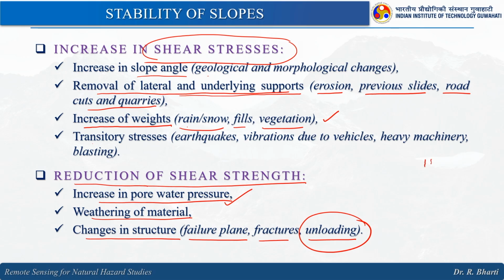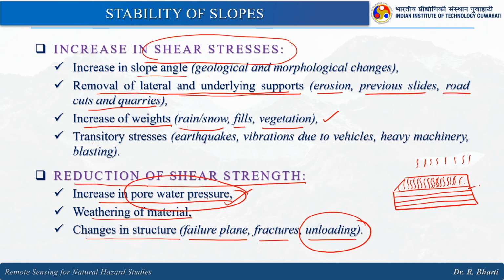So, one thing is that a particular surface is receiving normal precipitation, right. Here the soil which is available in this particular area, there are different soil and rock layers, right. Because of this rainfall or precipitation, this soil or material will get saturated, and because of the saturation the pore water pressure will change.